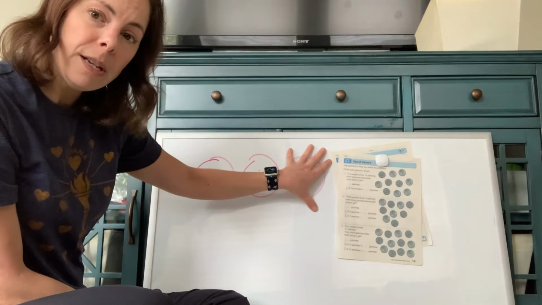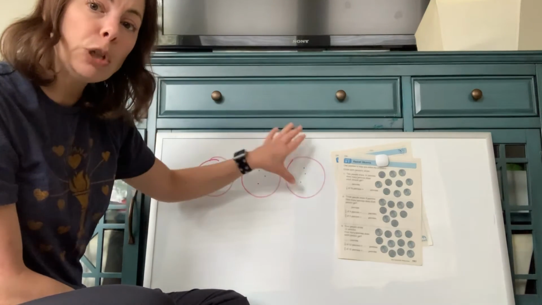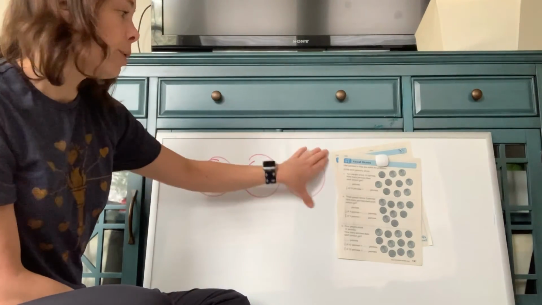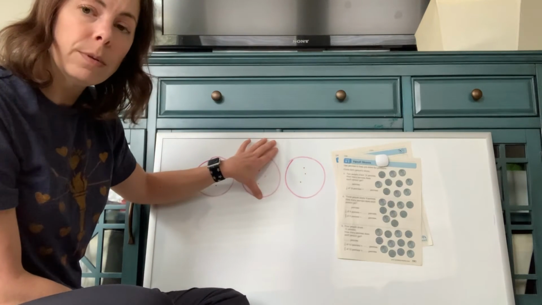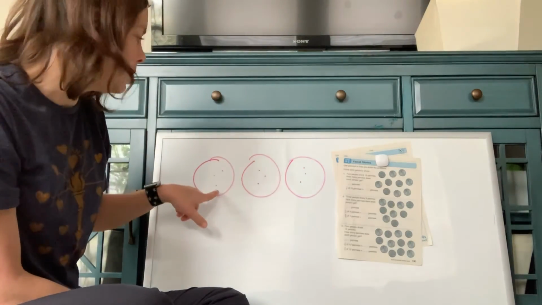1/3 of the pennies is what? So 1 person got how many? 2/3 of the pennies is what? 2 people together got how many? If you draw it out, you're going to see it.